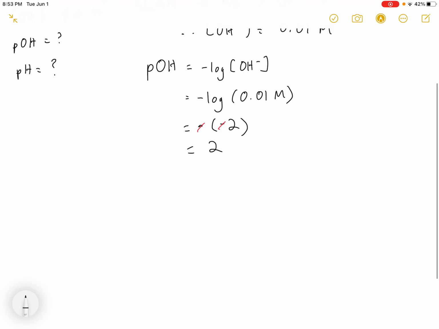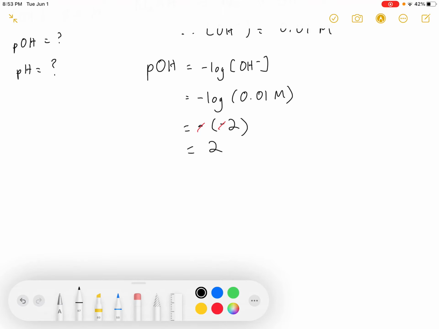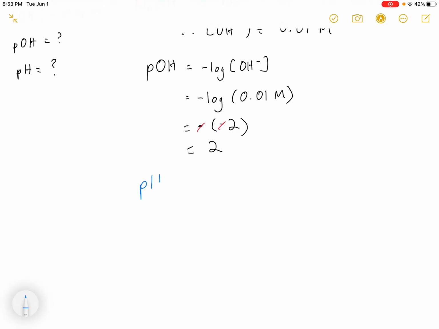Now we need to look at the relationship between pH and pOH, which is pH plus pOH equals 14. So that's something that we always observe. So now we can manipulate that equation using algebra to determine pH.